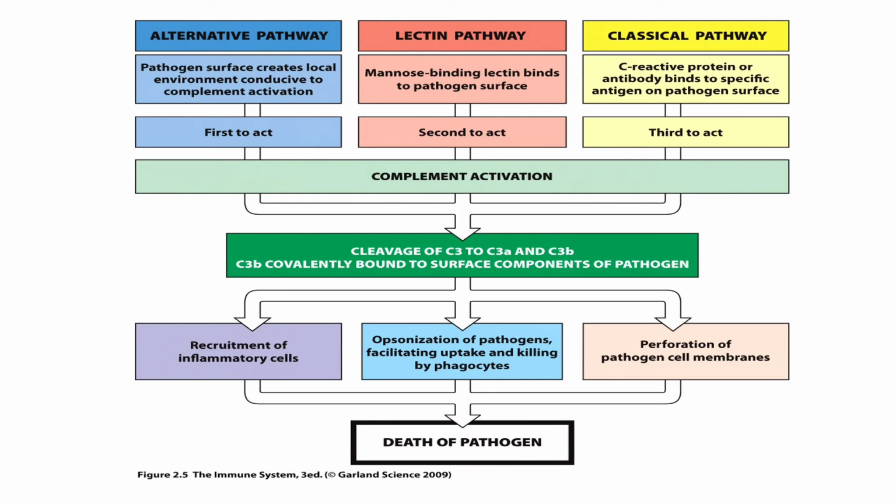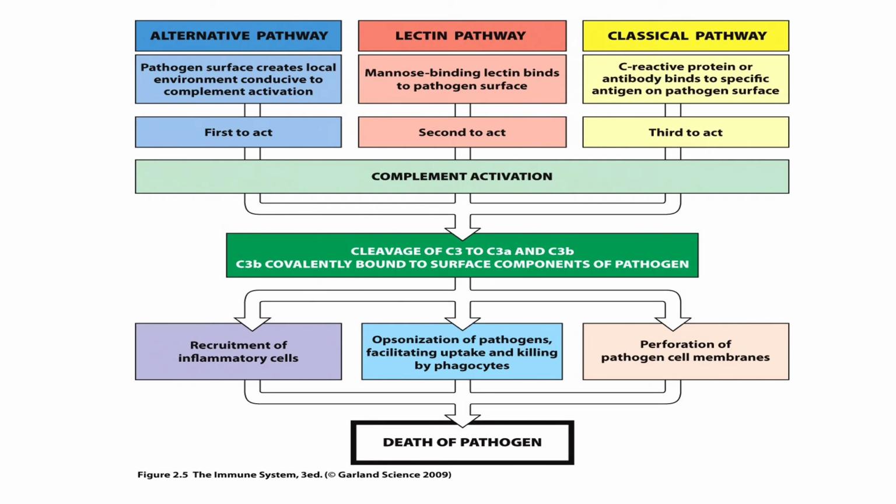The lectin pathway is where mannose binding lectin binds to pathogen surfaces, as the second act. The classical pathway is where C-reactive protein or antibody binds to specific antigen on the pathogen surfaces. All these 3 pathways actually complete each other, so that's why we name it complement activation. We need one another.